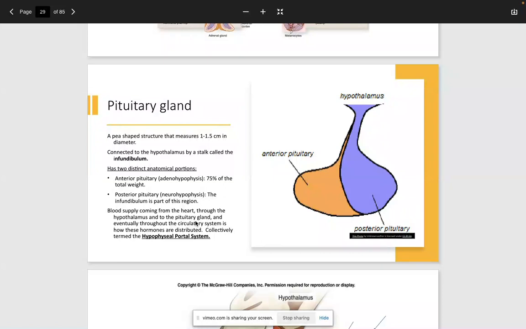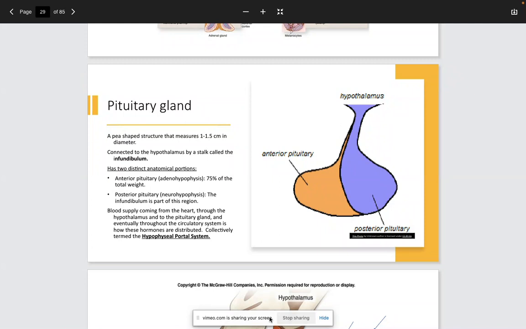So the main things I've covered in this lecture that are important, coming to a close. I need you to know the hypothalamus controls the anterior and the posterior pituitary. I need you to know the hormones that are produced in the anterior portion of the pituitary as well as the hormones that are produced within the posterior portion. I need you to know the difference between water-soluble molecules and lipid-soluble molecules.